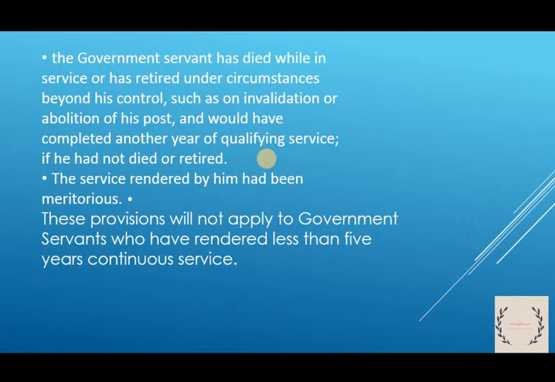The government servant has died while in service or has retired under circumstances beyond his control, such as on invalidation or abolition of his post, and would have completed another year of qualifying service if he had not died or retired. The service rendered by him had been meritorious. These provisions will not apply to government servants who have rendered less than 5 years continuous service.